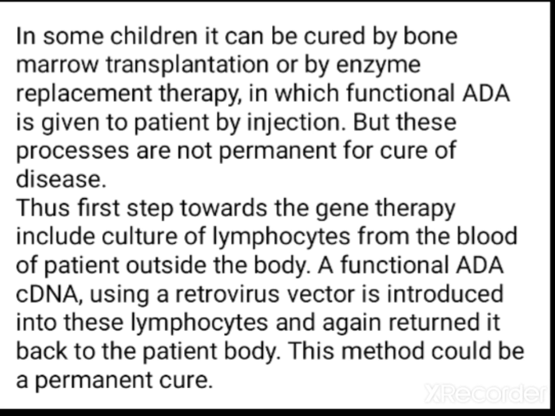By means of gene therapy we can cure genetic diseases. In gene therapy we remove the defective gene and introduce the correct gene, and then the patient will become normal. This is called gene therapy.